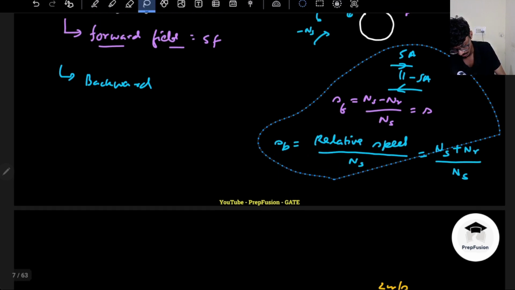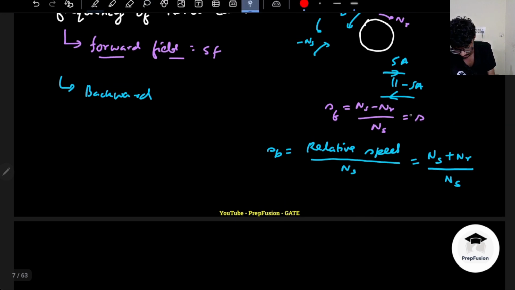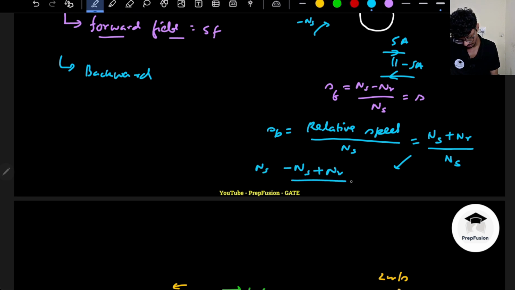But my slip value is this, right? I want to write this in terms of my slip. How will I write it? This we can write as minus ns and plus ns plus nr, divided by ns.